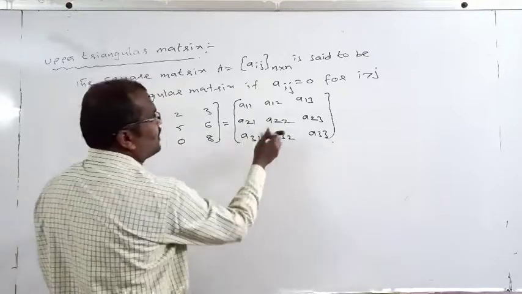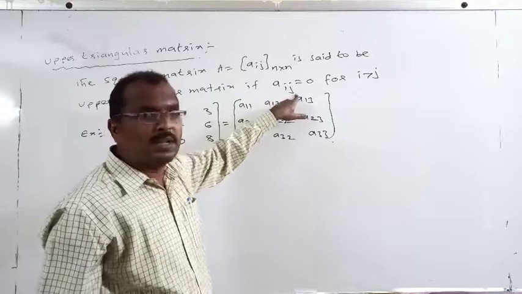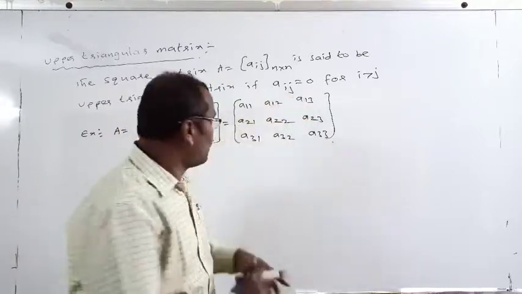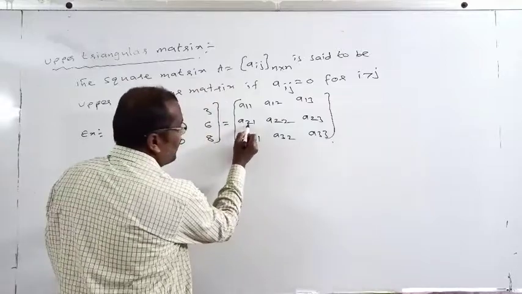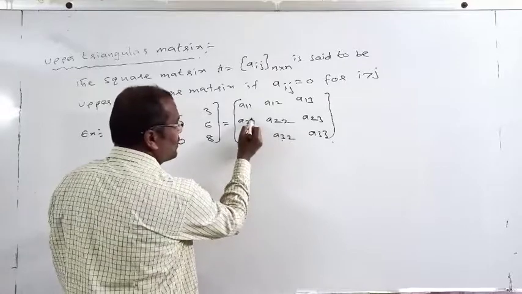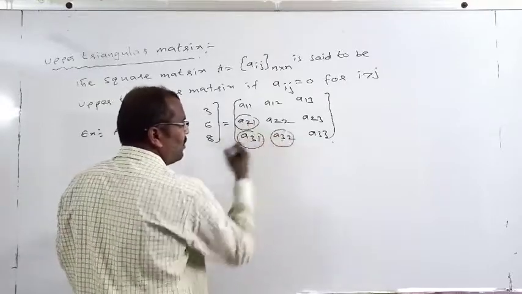See this one. Here i denotes row, j denotes column. First one denotes row, second one denotes column. Here i greater than j, so it is 0, and it is also 0, and it is also 0.